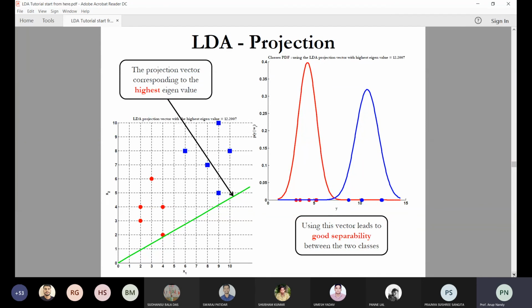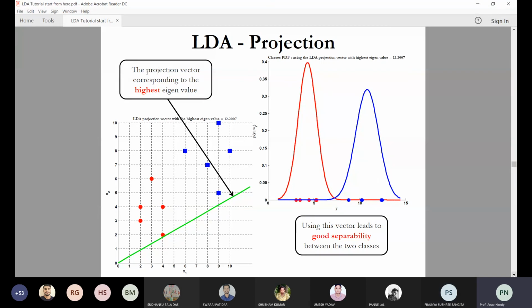In LDA also we are going to have the direction with maximum variance, but it keeps the class discriminating ability as well. So the green line is an eigenvector, corresponding to the eigenvalue of maximum variance, sir. Yes. And then you have to project it.